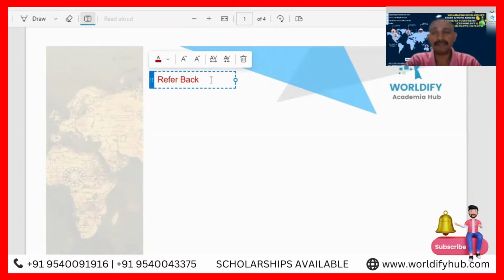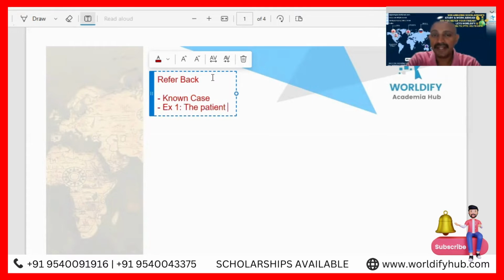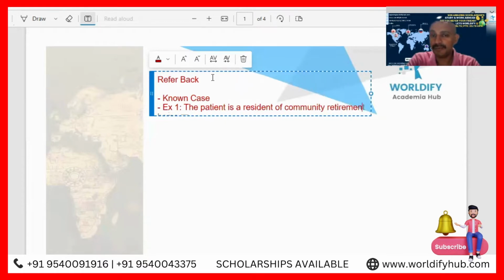So now, what is a refer back case? Let's first of all understand it. A refer back case is going to be a known case, which means that the recipient, the person who is reading this letter, knows the patient. Example one could be that the patient is a resident of a community retirement home.